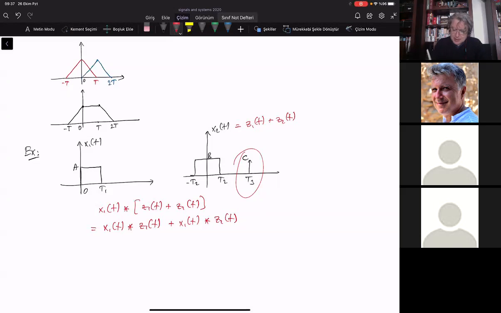So depending on the number of the impulses, you one by one implement them. And if there is another shape, you just implement that convolution with that regular shape, like this rectangle, separately. You just separately try to convolve. Okay, that's how you do it.